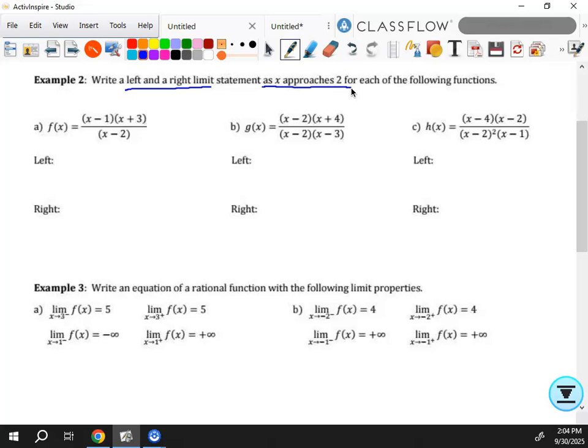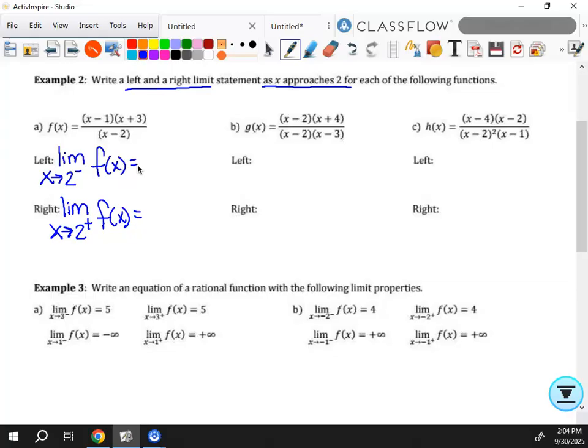So before I worry about my equation or anything else, I know that this will start off like the limit as x approaches 2 from the left, you put that little negative sign up there, of f of x, and the limit as x approaches 2 from the right of f of x. Okay. Everybody good so far?